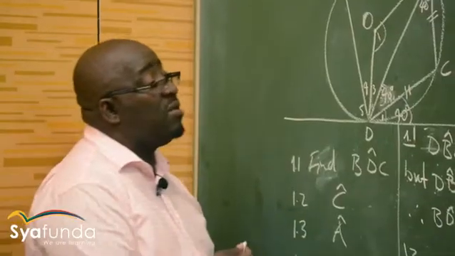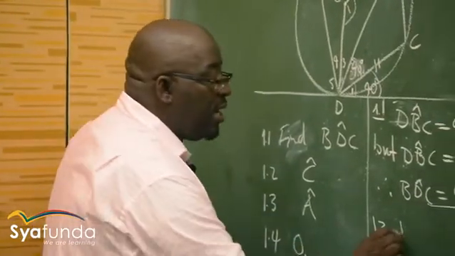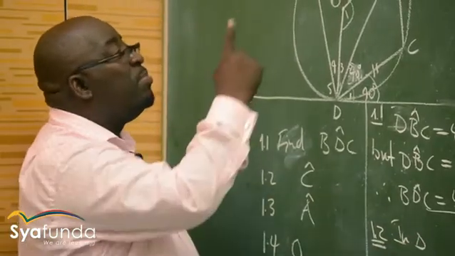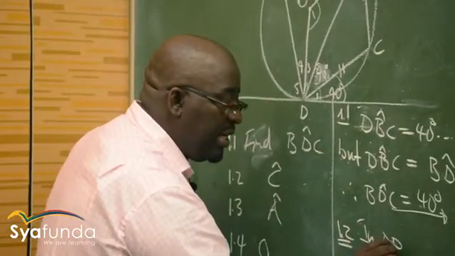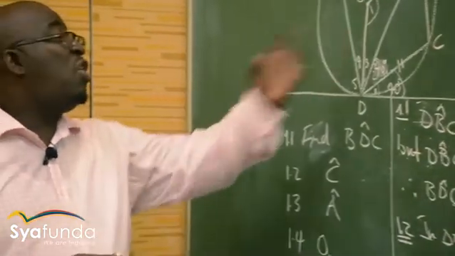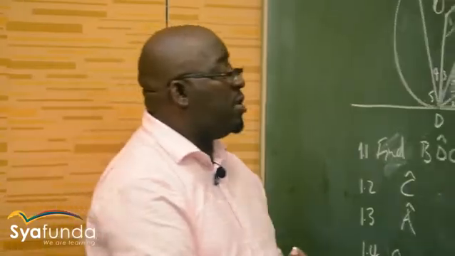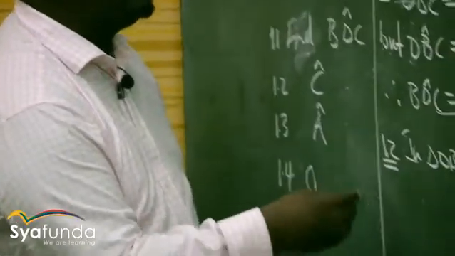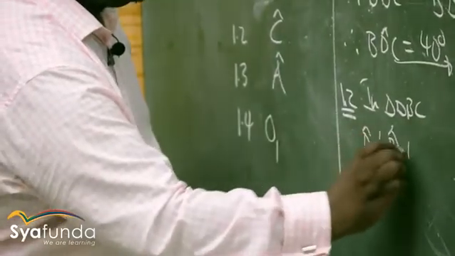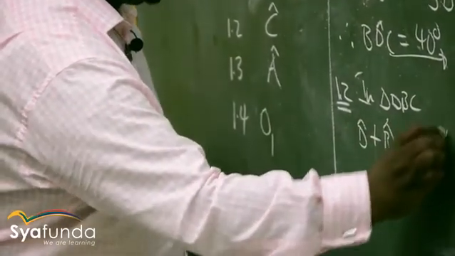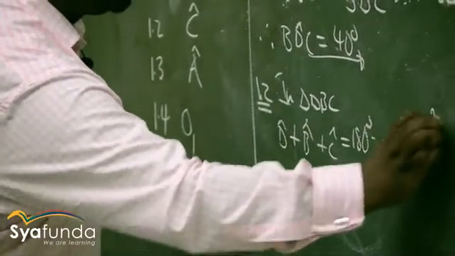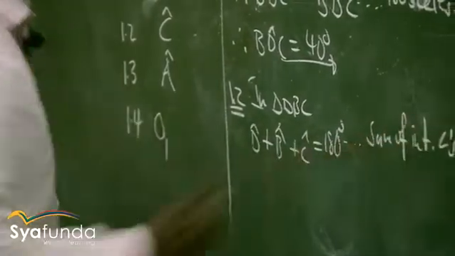To write that down, which triangle are we using here? DBC. In triangle DBC, you mention the triangle that we use so that the examiner will know exactly what you're talking about. We say angle D plus angle B plus angle C is equal to 180 degrees. Reason: the sum of interior angles of a triangle.